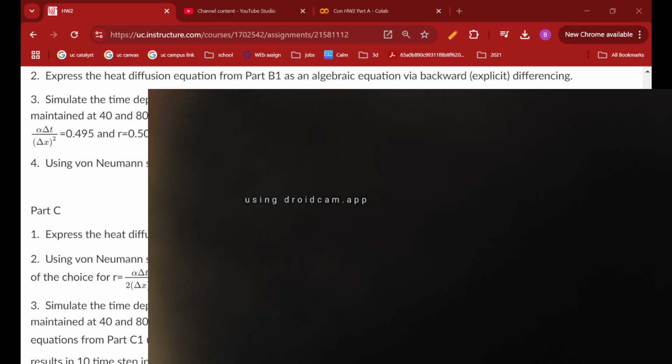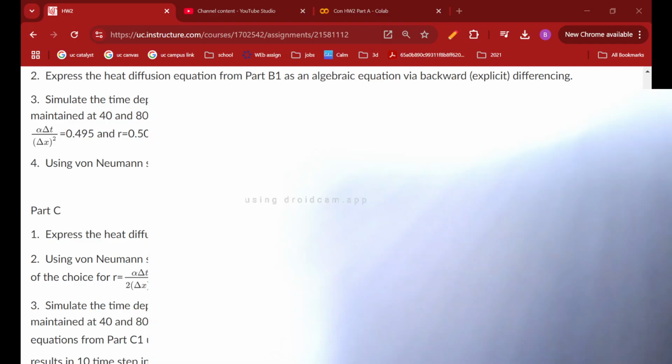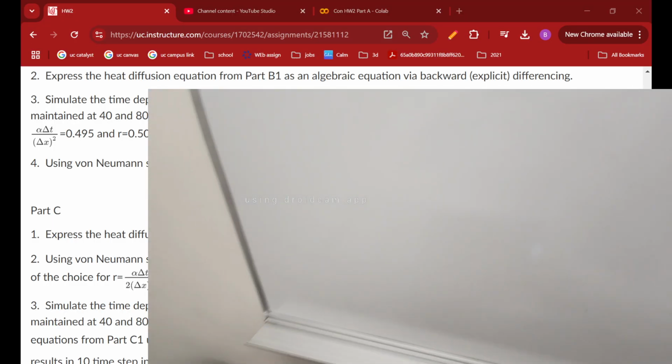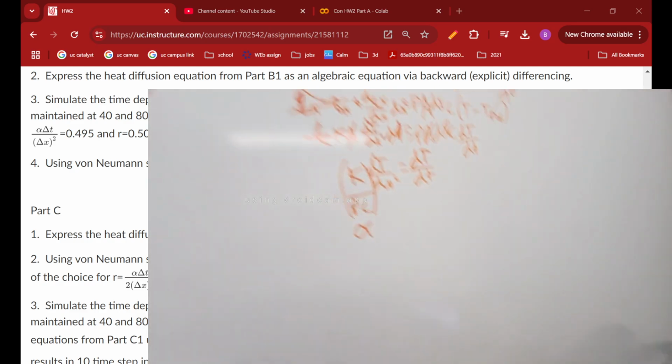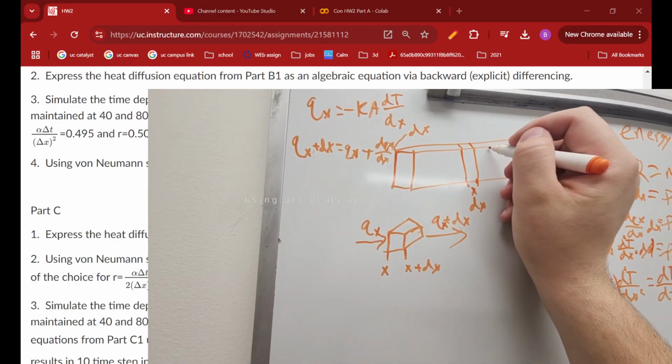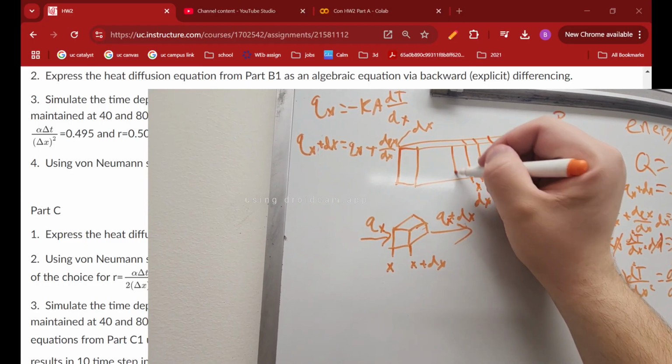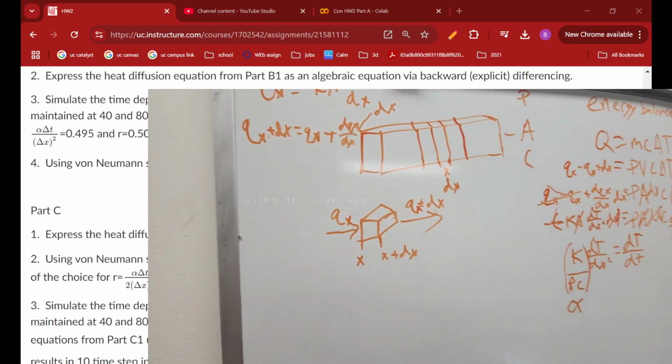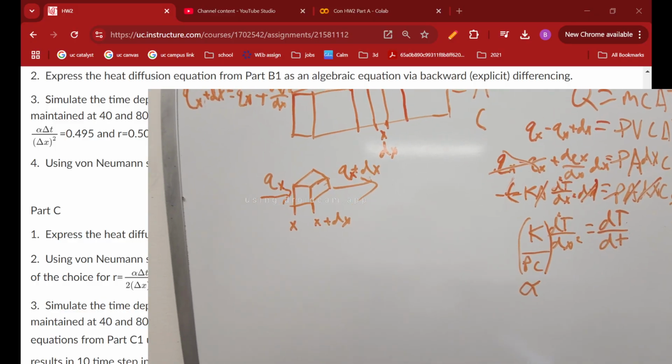Okay, now we can move to question 2, which is express the heat diffusion equation from part B1 as an algebraic equation via backwards explicit differentiating. So we will need to go back and look at our diagram and split it into a few more of these cubes, just so that we can look at each one.